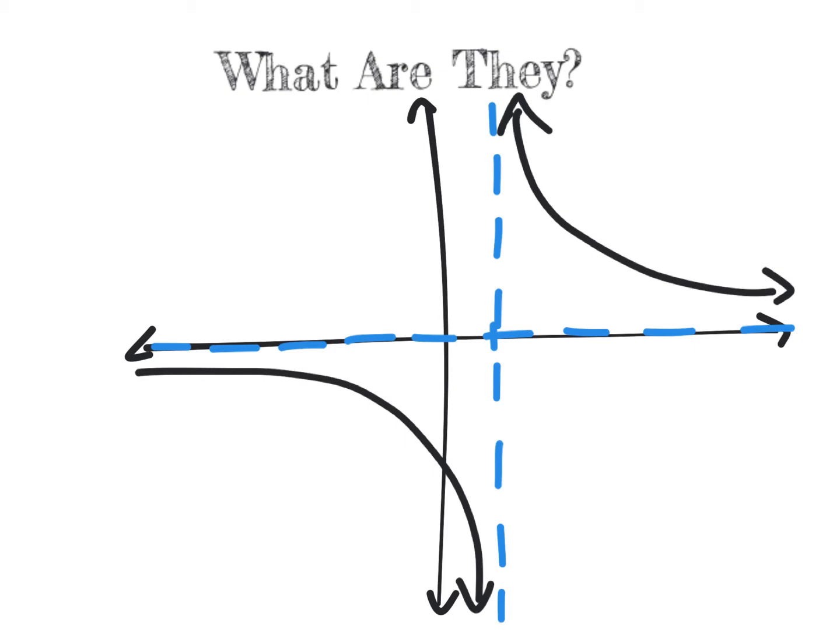Let's say that you're missing something here, a point at x equals -3. There is a hole on the graph.